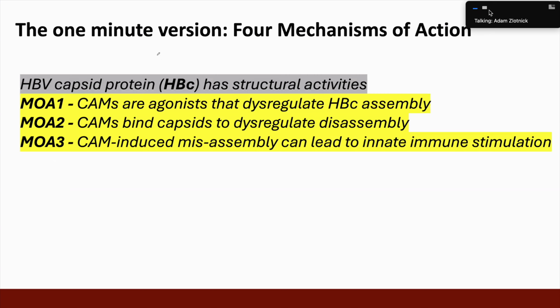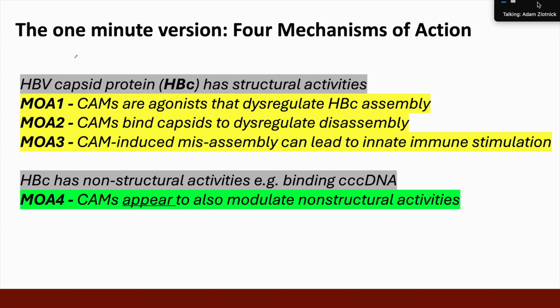The 1-minute version of this whole talk is that there are 4 mechanisms of action for CAMs, capsid assembly modulators. 3 of them are based on the fact that the HBV capsid protein, HBc, has structural activities. 1, CAMs are assembly agonists, leading to empty and defective capsids. 2, CAMs bind capsids and can dysregulate disassembly. 3, CAM-induced misassembly can lead to innate immune stimulation and apoptotic destruction of infected cells.